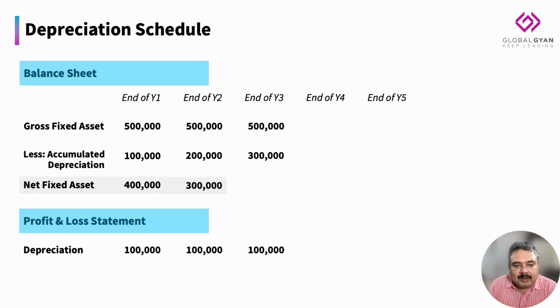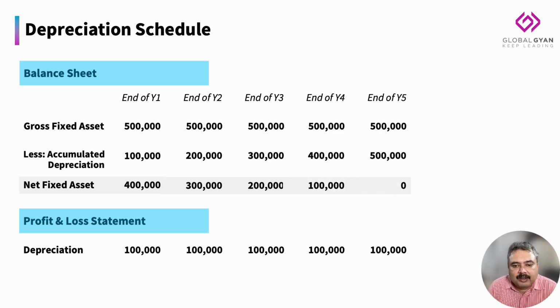The same thing will now happen in year three and year four, and by the end of year five, the entire depreciation is completed, right? So the net fixed asset has a value of zero. So now this asset is fully depreciated. There is nothing left in terms of net value, although the gross value is still 500,000.